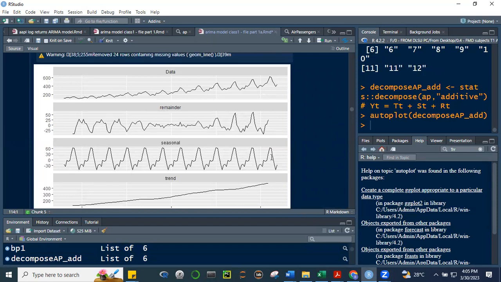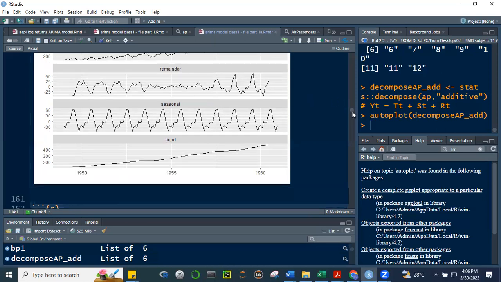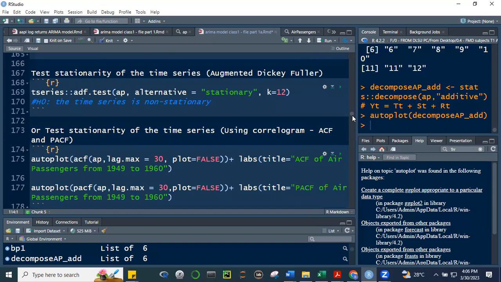So apparently mukhang sa July, mataas yung ano, July and I don't know which month, no? August, July, mukhang mataas yung air travel. So this is your trend. May trend siya. This is your seasonality. Okay? This is our data. This is the noise. After extracting yung seasonality and the trend, ito yung natitira. Pero mukhang may pattern pa rin sa trend, no? As a remainder. All right?